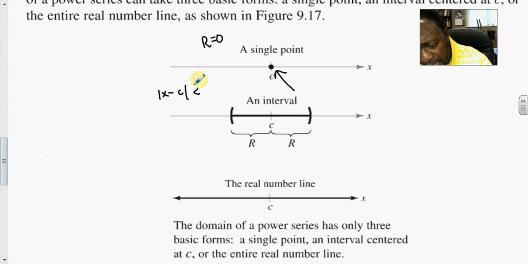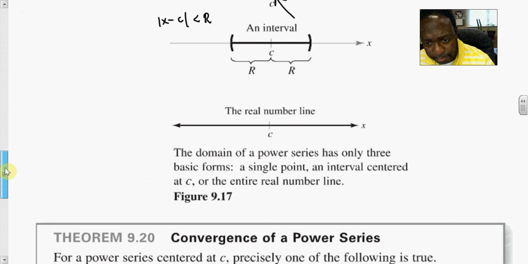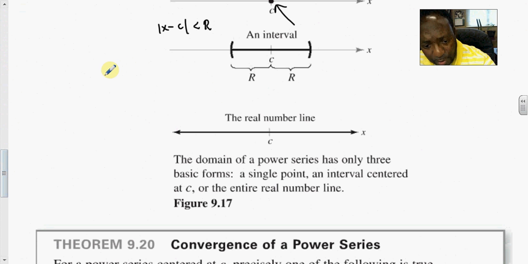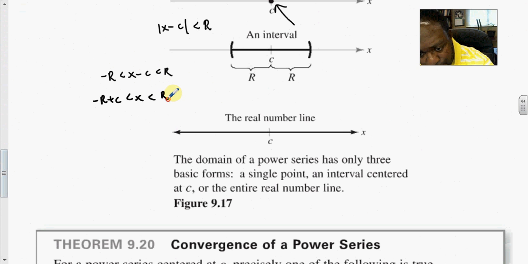The absolute value of that is less than some number r, the radius, where that interval looks like negative r less than x minus c is less than r. So that gives us negative r plus c less than x less than r plus c.